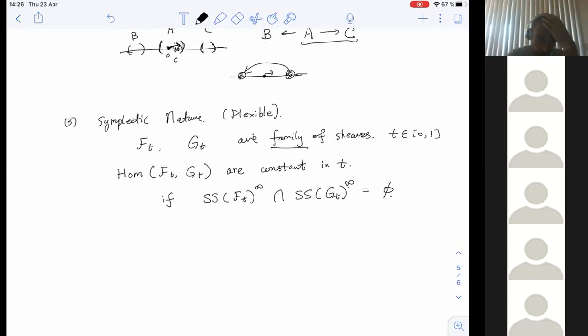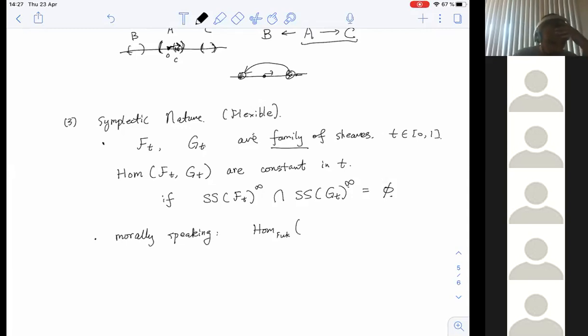Okay, so we have a certain freedom in moving these sheaves without changing their Hom. So that's something nice. And that should be compared, morally speaking, with the Hom of the Fukaya category.